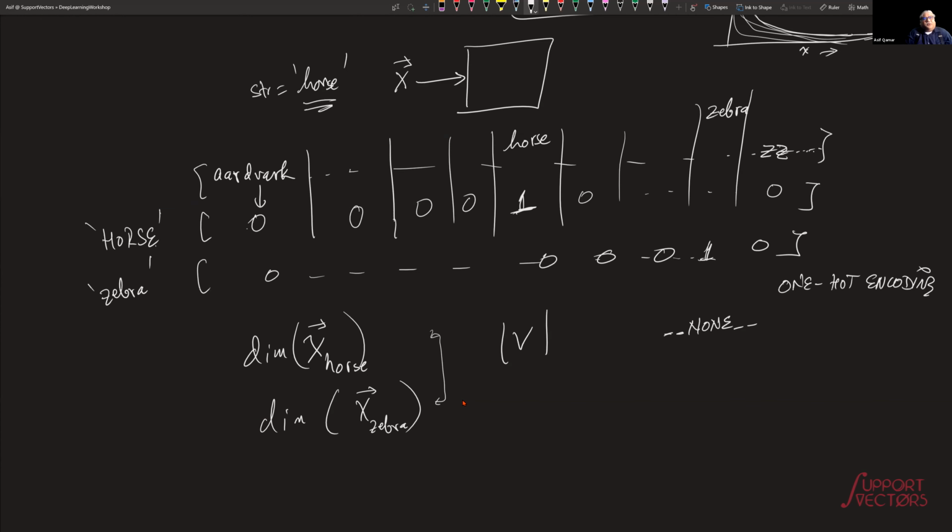So what you could do, therefore, is create a smaller vocabulary. You can take a smaller vocabulary size of words that matter. So you go back to your ranking of words here.